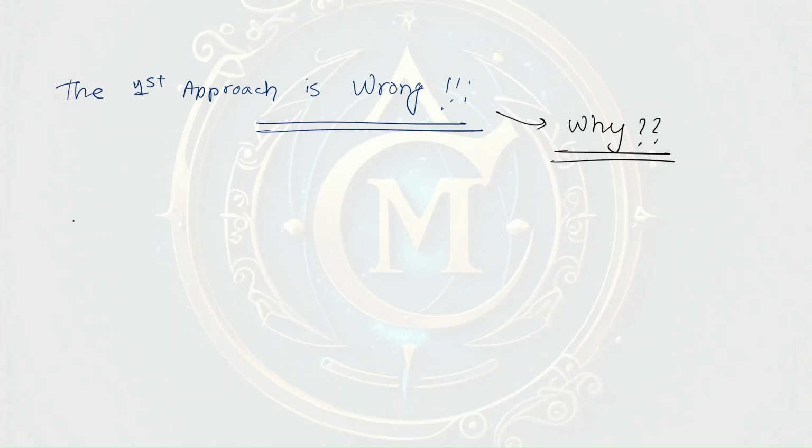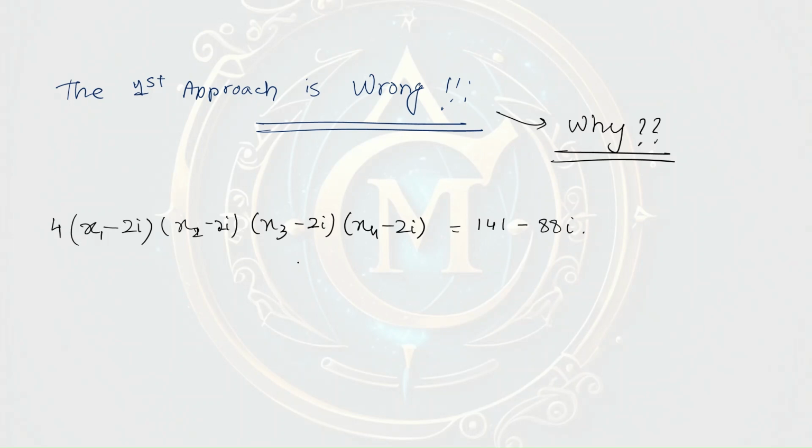In the first approach, we use this step. We had (x1 minus 2i), (x2 minus 2i), then (x3 minus 2i), then (x4 minus 2i) times 4 equal to 141 minus 88 iota.